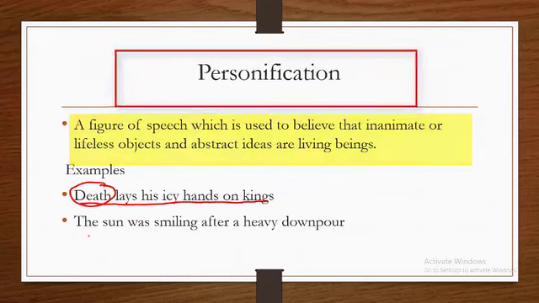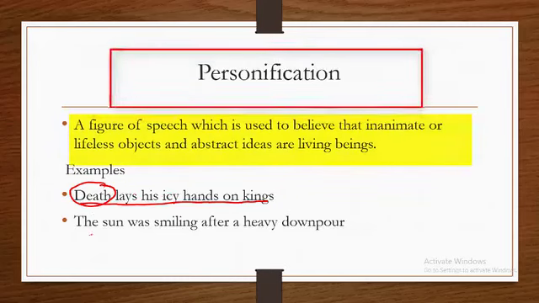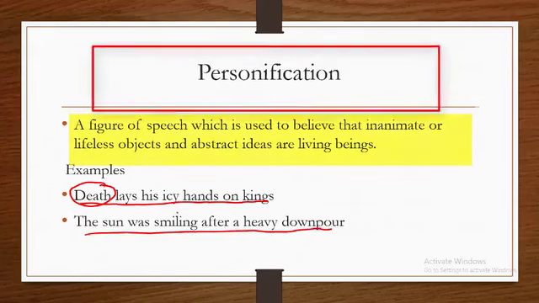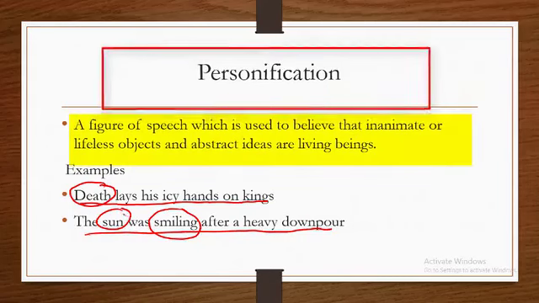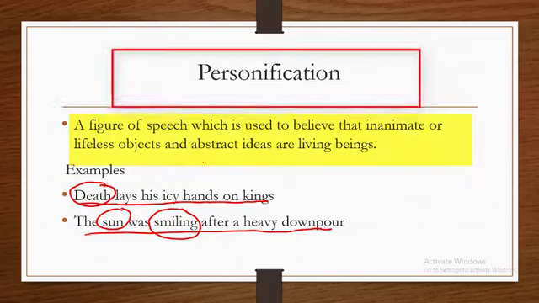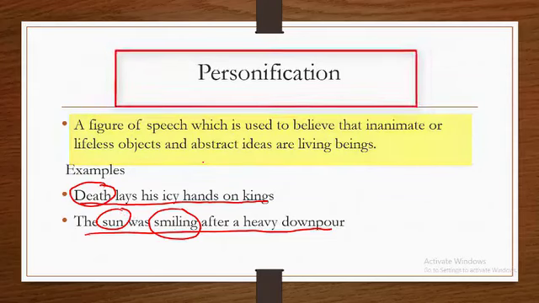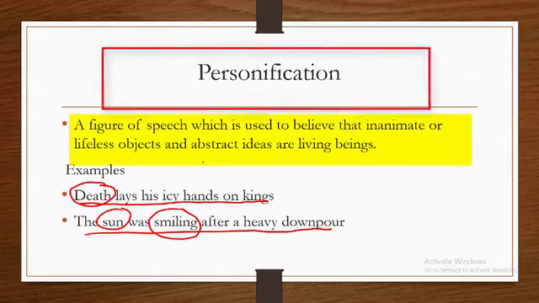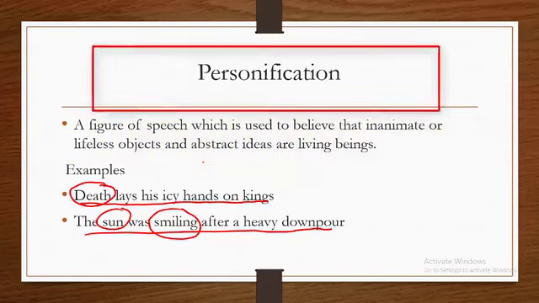Alright, the sun was smiling after a heavy downpour. So instead of saying the sun was shining, we say the sun was smiling, and we know that the sun is an inanimate object. So when we attribute animate qualities to inanimate objects, we say that is personification.